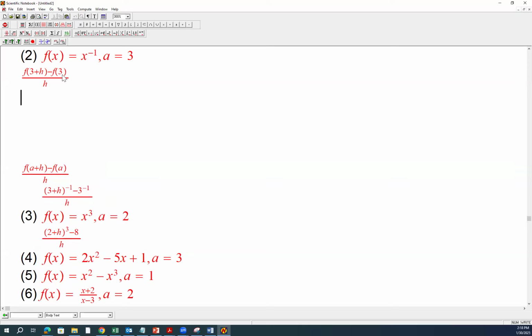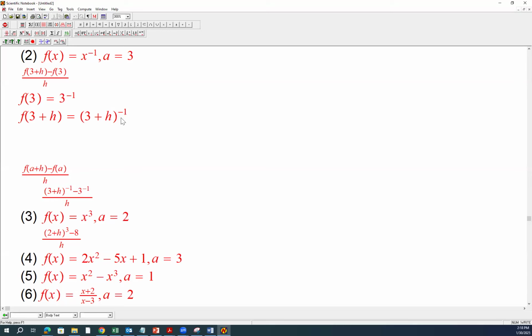Once again, we're going to do f of 3, and then f of 3 plus h. f of 3 is going to be 3 to the power of negative 1. f of 3 plus h is going to be 3 plus h to the power of negative 1.